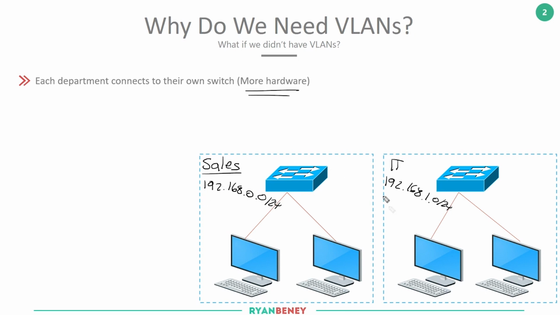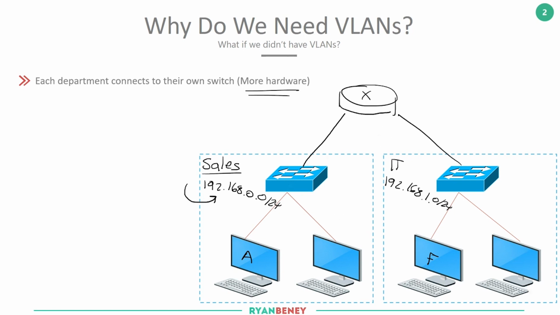If, let's say for example, PCA wants to communicate with another PC in the IT department, let's say PCF, it will need to actually do the binary AND calculation against its IP address. Notice that 192.168.1 is in a different subnet, and in turn communicate with the default gateway, which in this case, let's say it's this router.